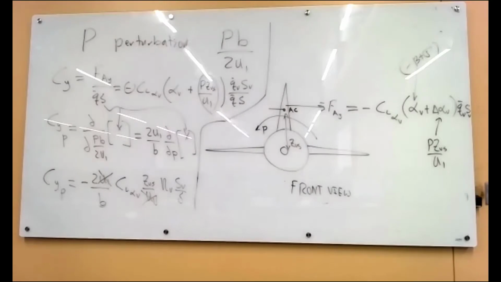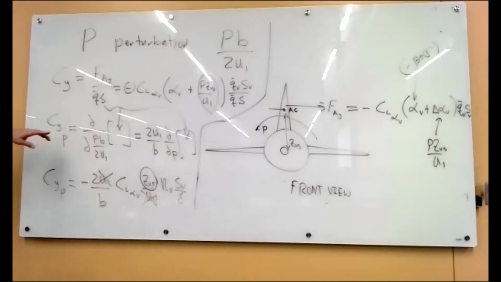But if you're Spider-Man, your spidey senses are saying, why the heck is there a moment arm in this CY derivative? Why do we have a moment arm and it's just a force? Where did that come from?